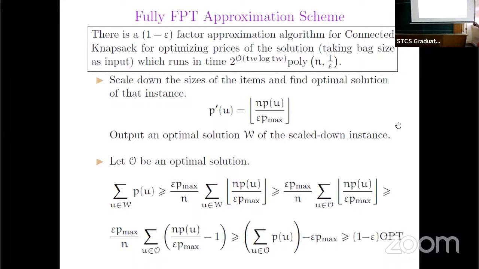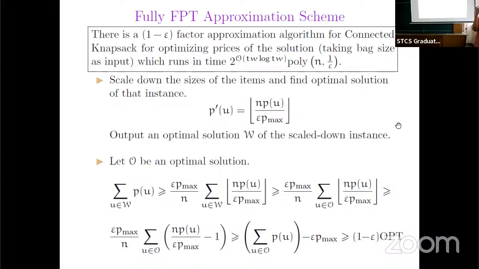And then I get rid of the floor things by subtracting 1, and then I multiply this out, and this is opt, and this is P max. P max is less than or equal to opt. So this is greater than or equal to 1 minus epsilon times opt.